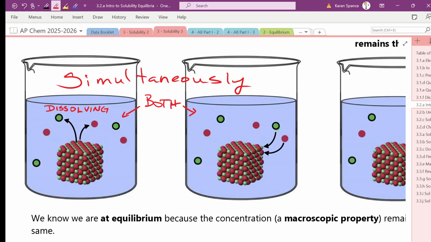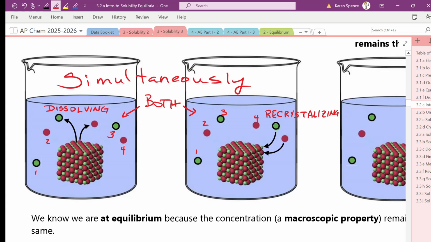But we also have, at the same time, recrystallizing. And because those are both happening simultaneously, you will still have 1, 2, 3, 4 dissolved particles.